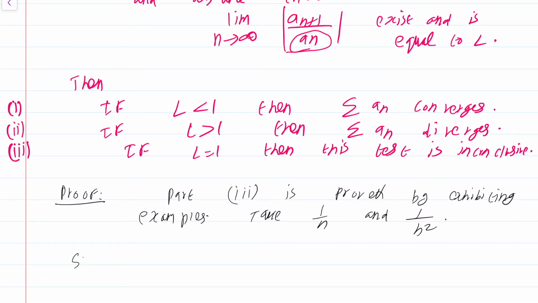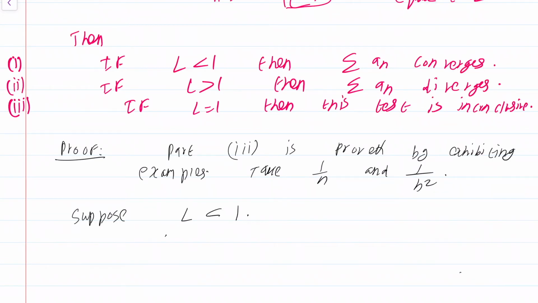Now, suppose L is strictly less than 1. Then we can find R less than 1 such that L is less than R is less than 1.